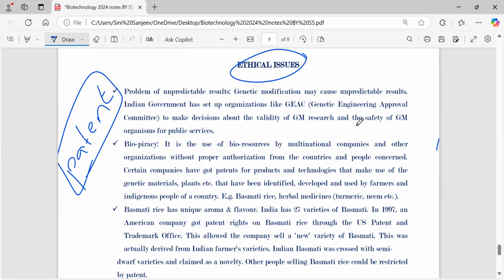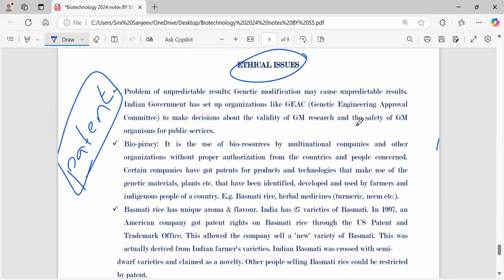So what you will do is go and take the patent in your name for that particular product. Then if anyone needs anything related to that product, they have to pay you. It's like songs getting pirated, you can stop the songs from getting pirated, the copyright things, whatever is there, right?